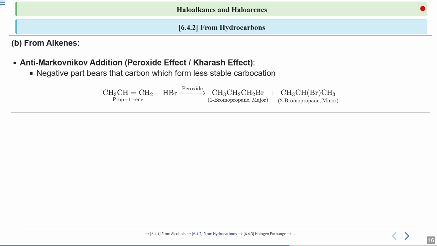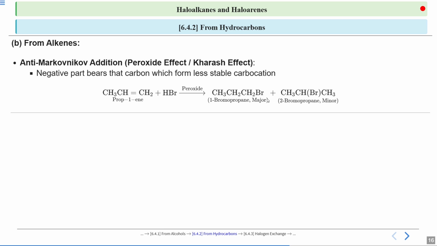In the same example, propene, the second carbon will form a secondary carbocation, which is more stable than the primary carbocation formed at the first carbon. So according to the anti-Markovnikov addition rule, this bromine negative should go to the first carbon, the carbon forming the less stable carbocation.